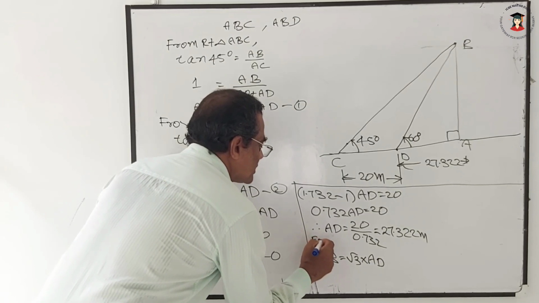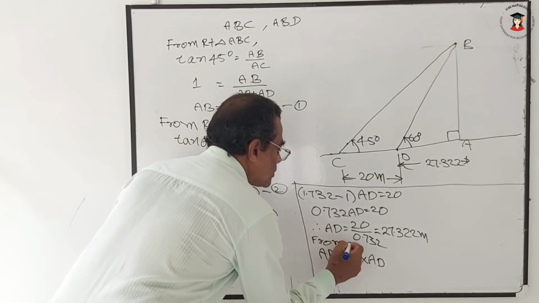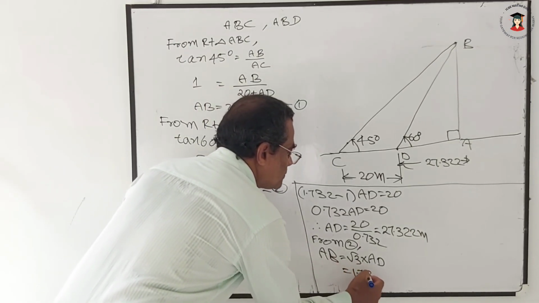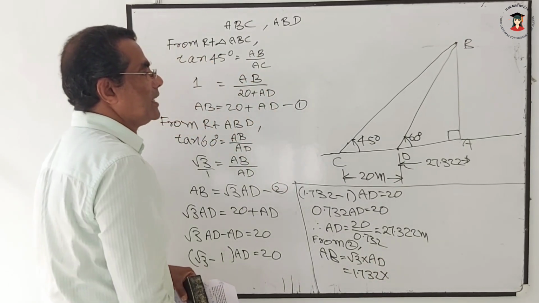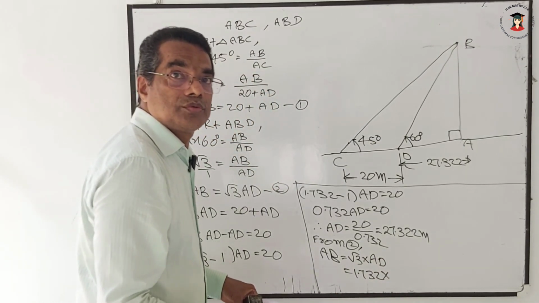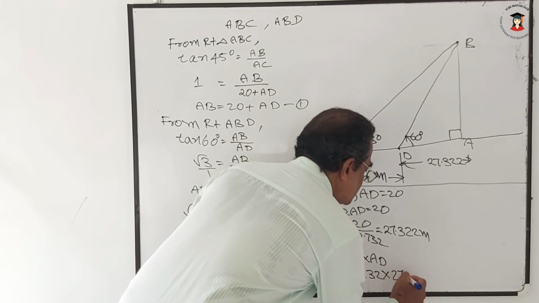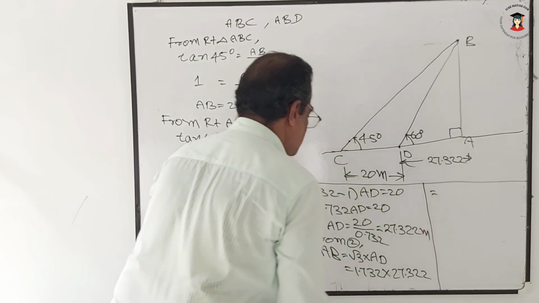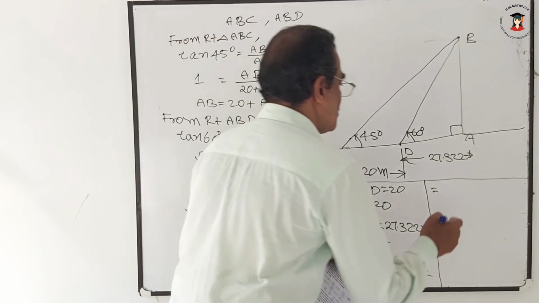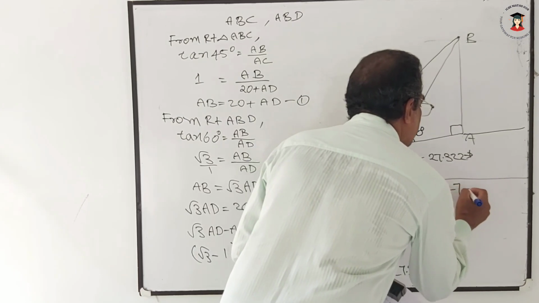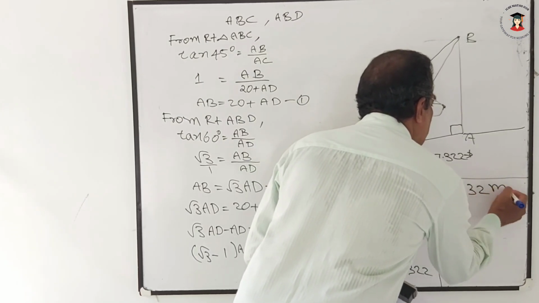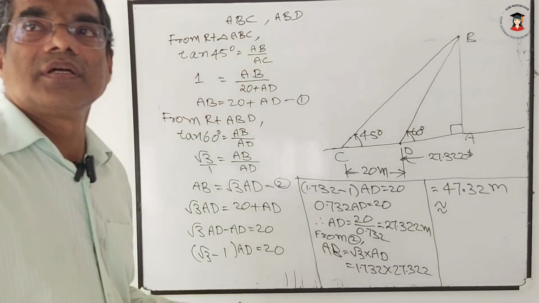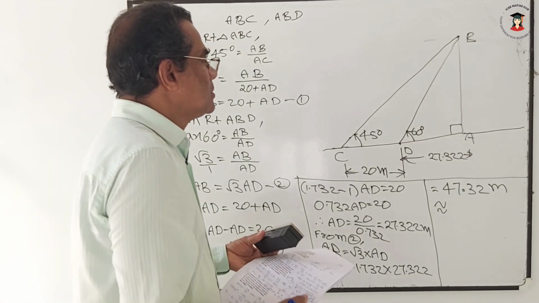We are using equation number 2. AB equal to 1.732 into AD. AD we got 27.322. And this will give AB equal to 47.32 meter. You are asked to give the answer in two significant figures.